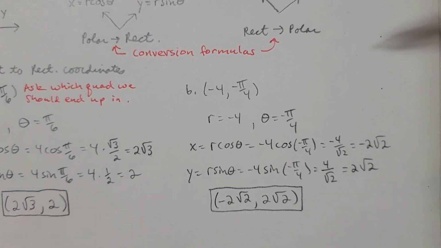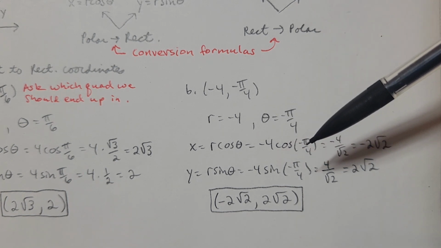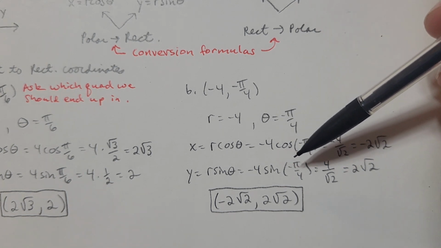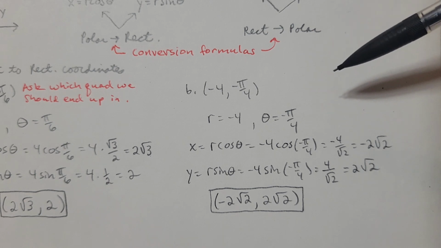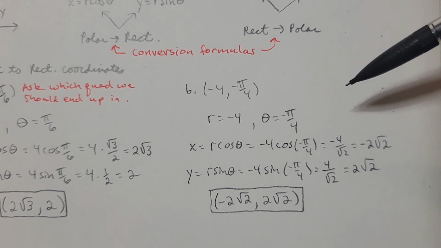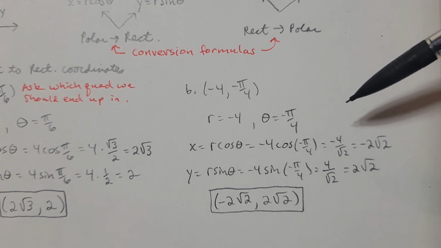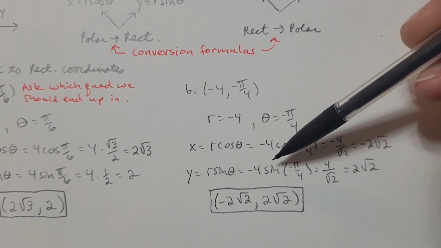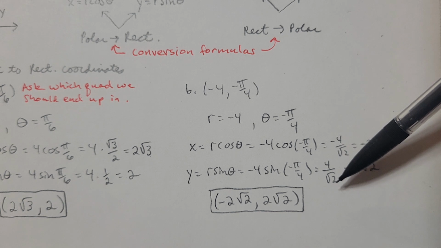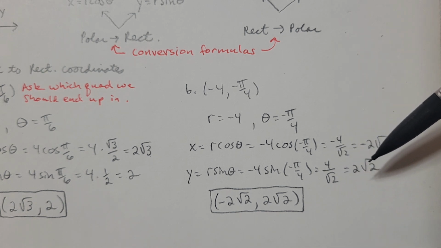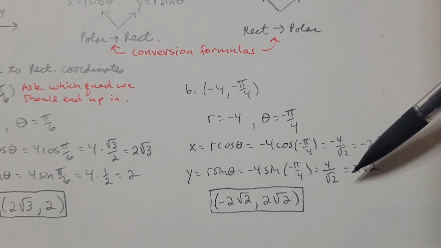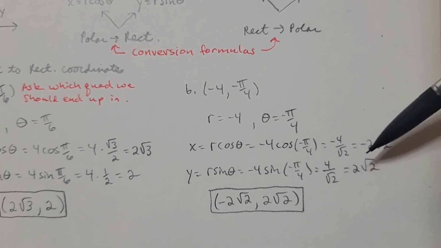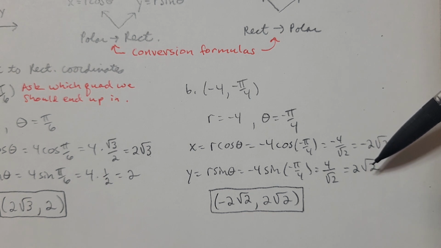And then to get the y value, r sine theta, I got -4 sine negative pi over 4. Sine of negative pi over 4: if I have a triangle there in quadrant 4, the opposite side is -1 and the hypotenuse is root 2. So -4 times -1 over root 2 is 4 over root 2. If I rationalize the denominator, multiplying the top and bottom by root 2, I get 4 root 2 over 2, or 2 root 2.